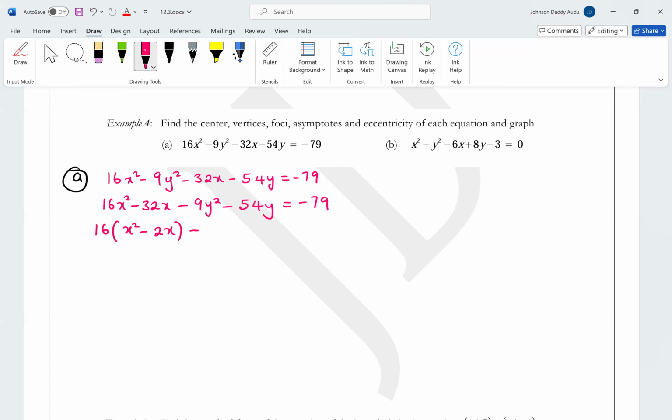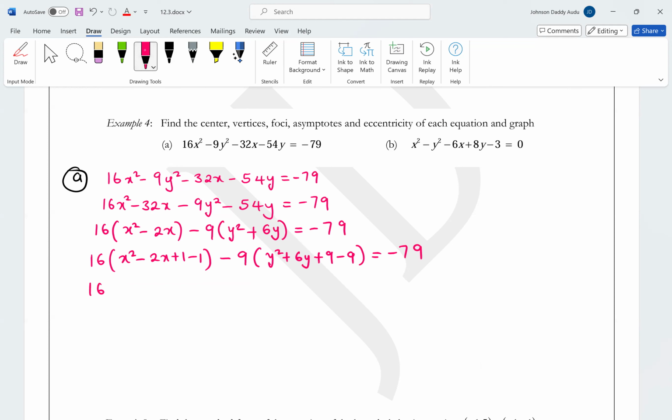So factor out 16 from the x terms, giving x squared minus 2x, and factor out minus 9 from the y terms, giving y squared plus 6y. Now we complete the square inside: x squared minus 2x plus 1 minus 1, because half of the coefficient of x is 1, then you square it, add it, and also remove it. And for the y terms, y squared plus 6y plus 9 minus 9.